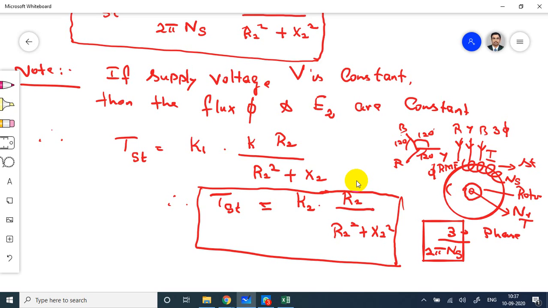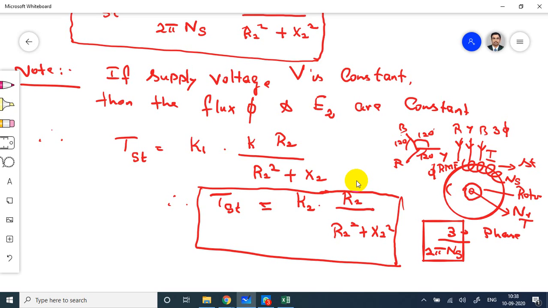What is the meaning of starting torque? The torque developed by the motor at the instant of starting is known as starting torque.